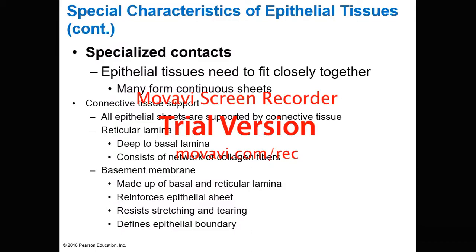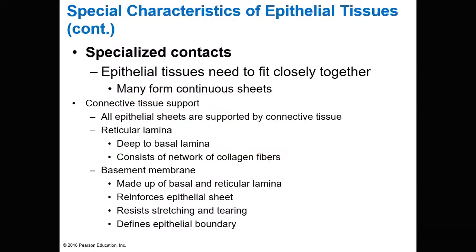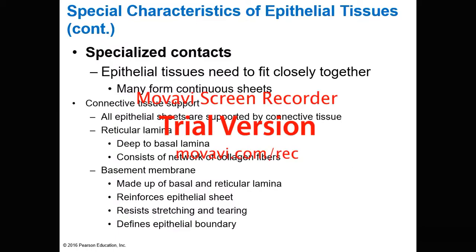It consists mainly of glycoproteins, and it's going to act as a selective filter that determines which molecules diffusing from the underlying connective tissue are allowed to enter the epithelium.